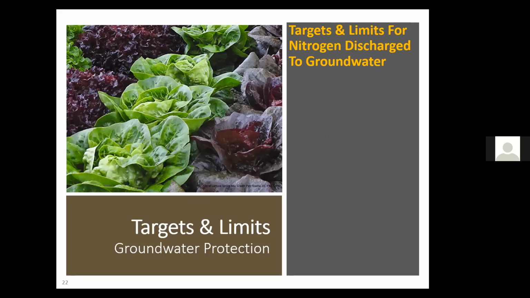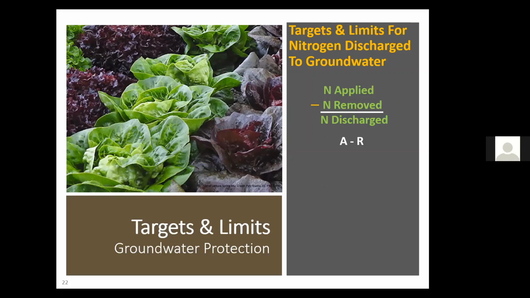Moving on to the second quantifiable milestone, when I talk about the discharge targets and limits, the discharge I'm referring to is the difference between all of the nitrogen that's applied to a ranch and all of the nitrogen that's removed from the ranch. This excess nitrogen that remains in the system is what is available to be discharged to groundwater.